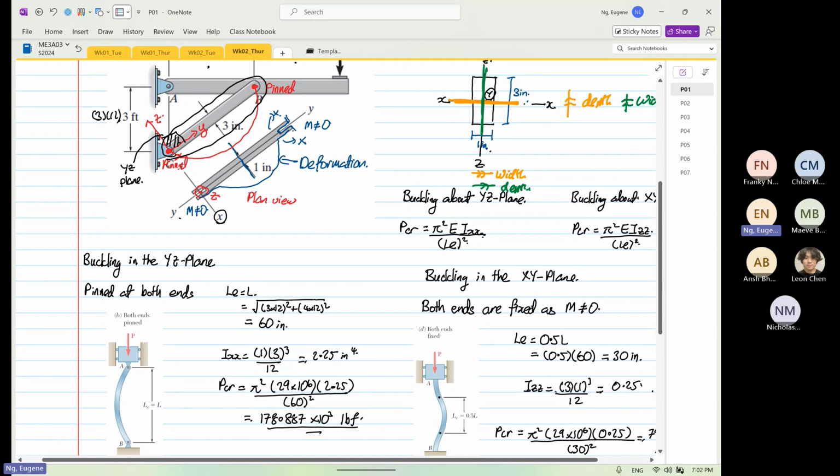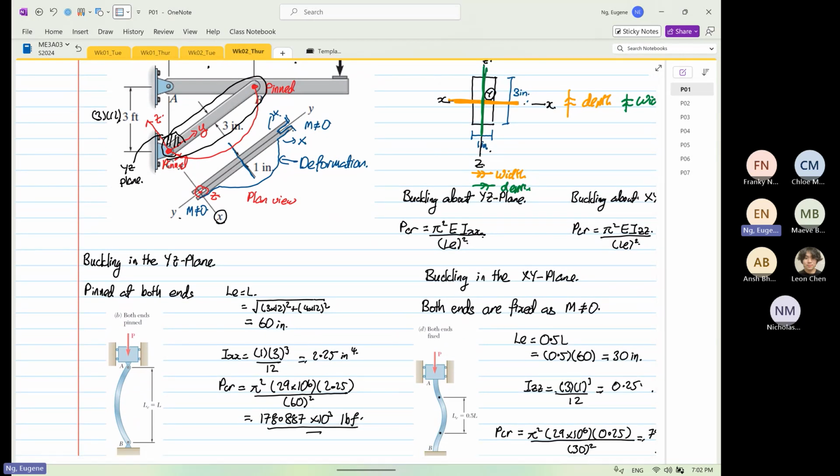Then we investigate the possibility of buckling in 2 planes, YZ plane and XY plane.